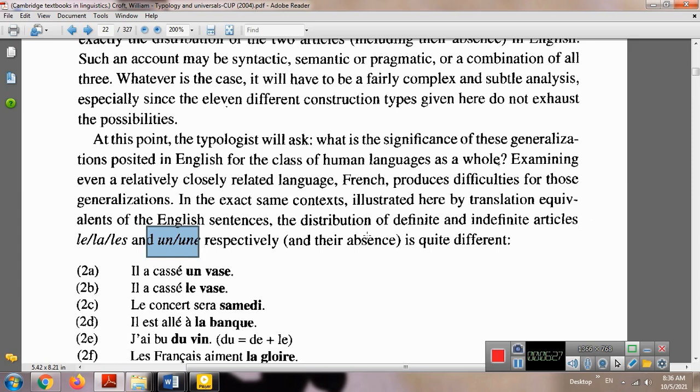Okay, as I told you, they are indefinite and they are definite, and their absence is quite different.